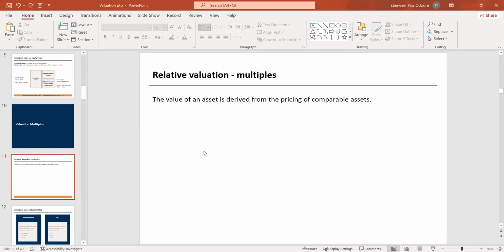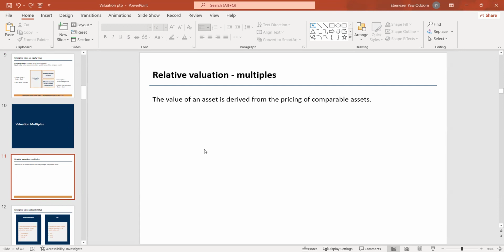And so the example I gave is that, let's say we want to value Access Bank PLC. Now, you can derive a relative value for Access Bank by looking at all the numbers of its similar companies. By that I mean, let's say similar banks, in terms of industry.